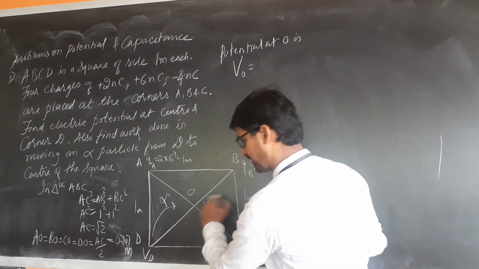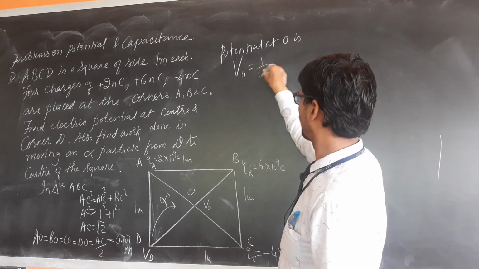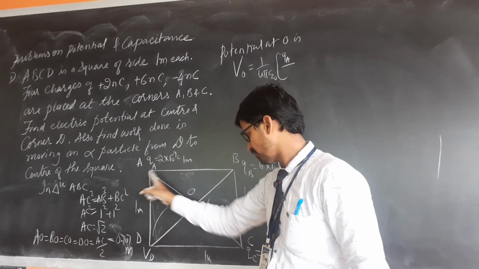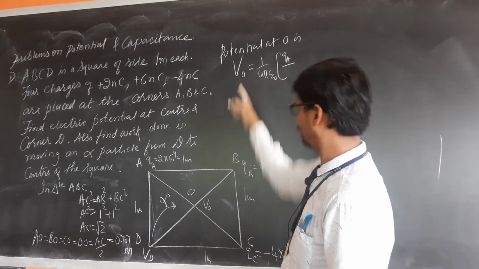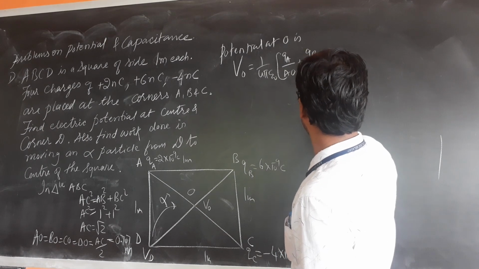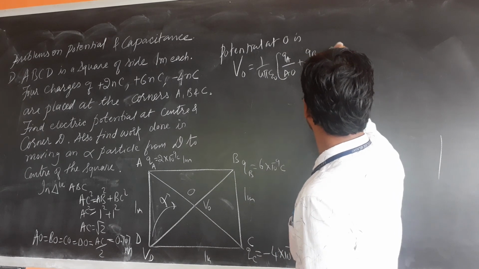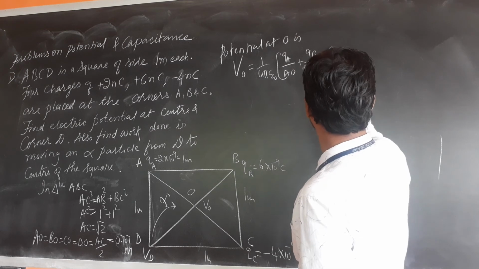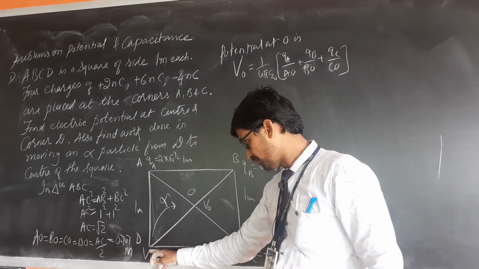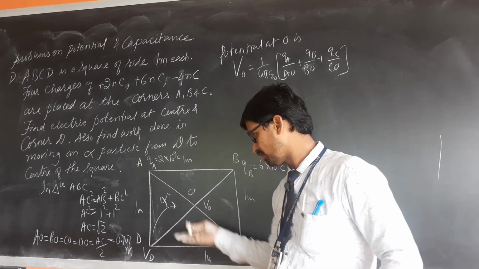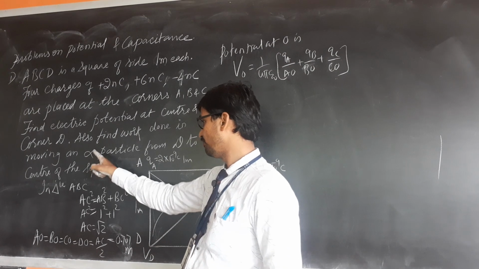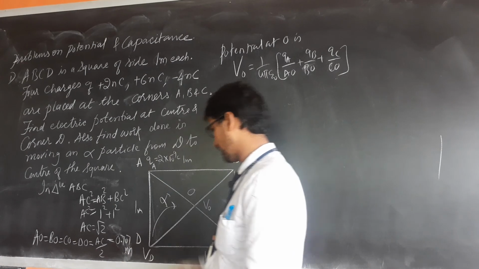VO is 1 by 4 pi epsilon naught into QA upon the distance AO, plus QB upon BO, plus QC upon CO or OC. Why should we not write QD upon OD? Because at D there is no charge. Don't think, sir, the alpha particle is there. No, we are going to move it. It is not placed there.